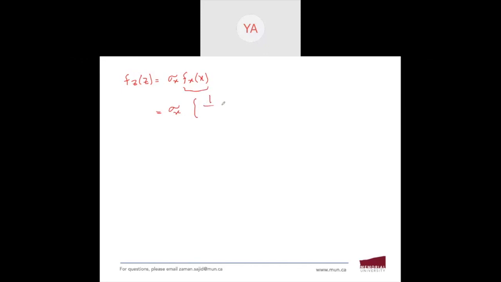So it will be 1 over 2 pi square root of sigma x times exponential of minus 1 over 2 sigma x square times x minus mu of x whole square.